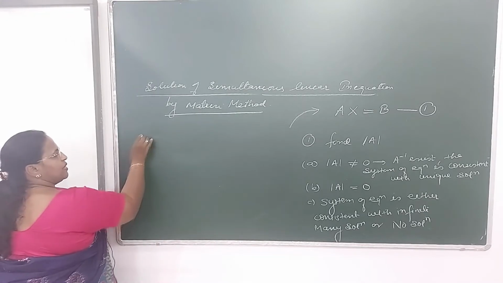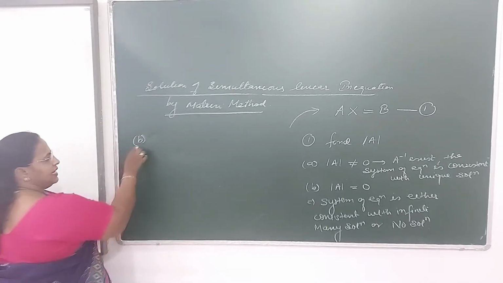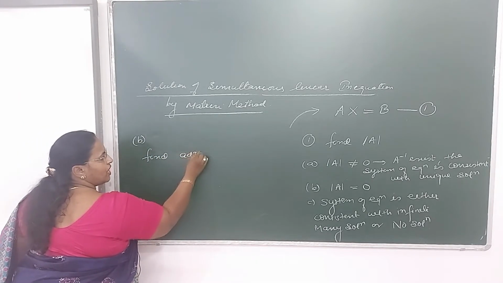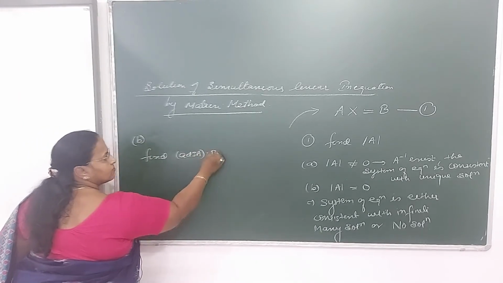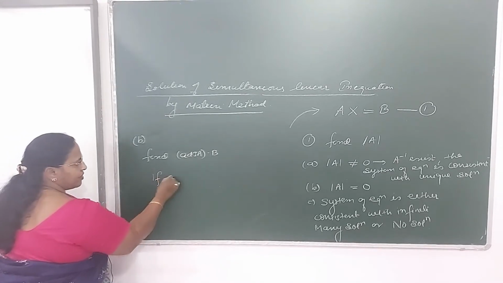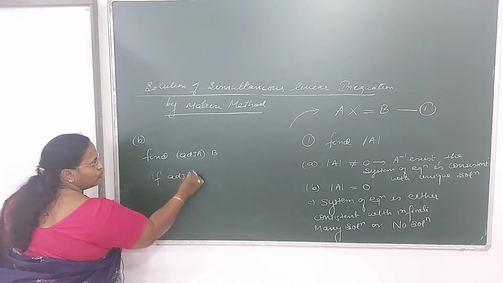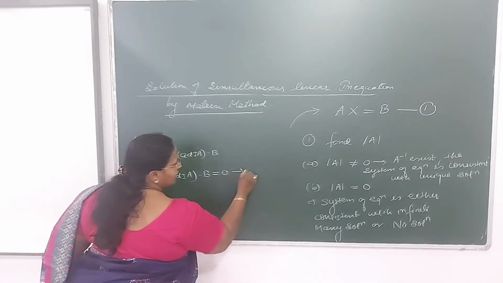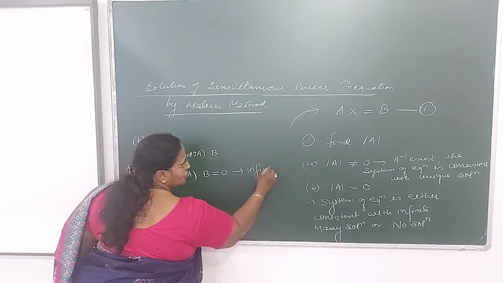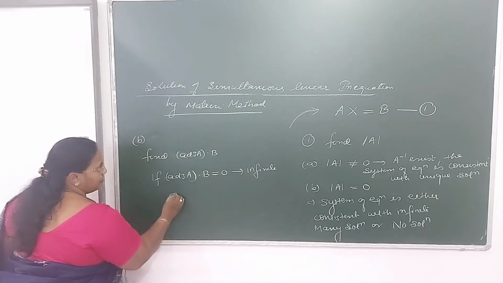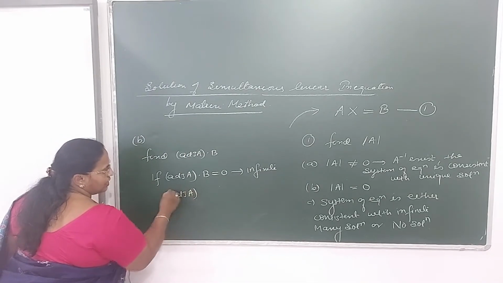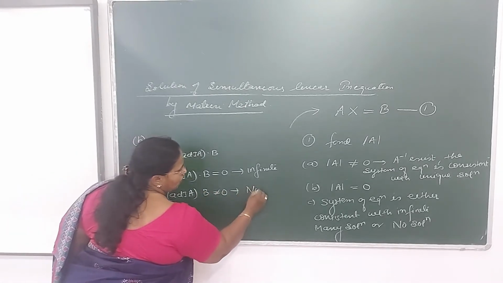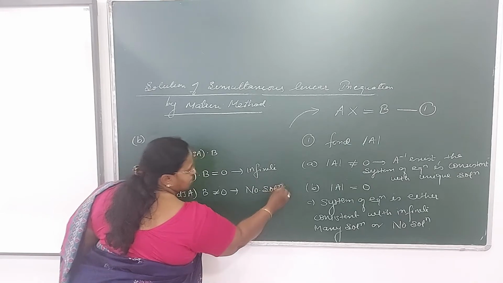In that case, if B condition is existing, you will find adjoint of A into B. Now if adjoint of A into B is equal to 0, then it's a case of infinitely many solutions. And if adjoint of A into B is not equal to 0, then it is a case of no solution.